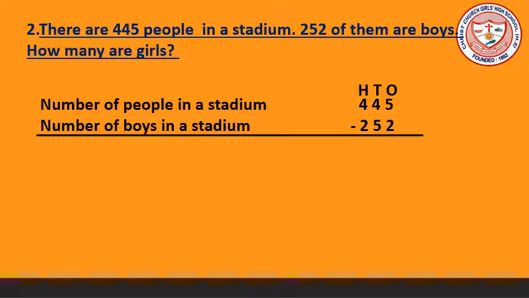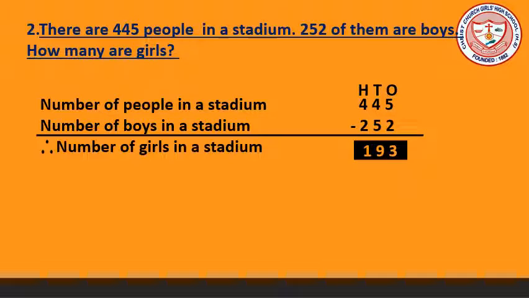So the third line will be, therefore, number of girls in a stadium, 193. So if you subtract 252 from 445, we are going to get 193. That is the number of girls in a stadium.